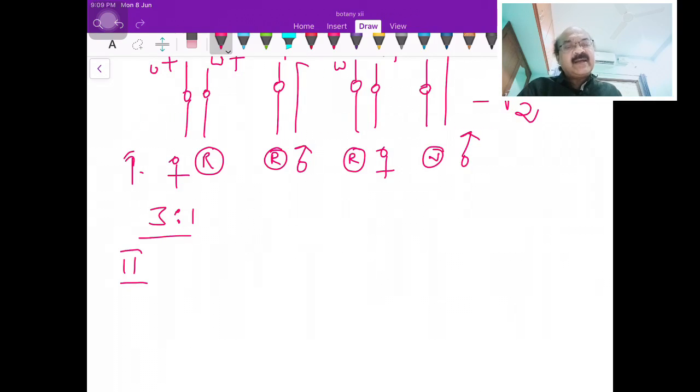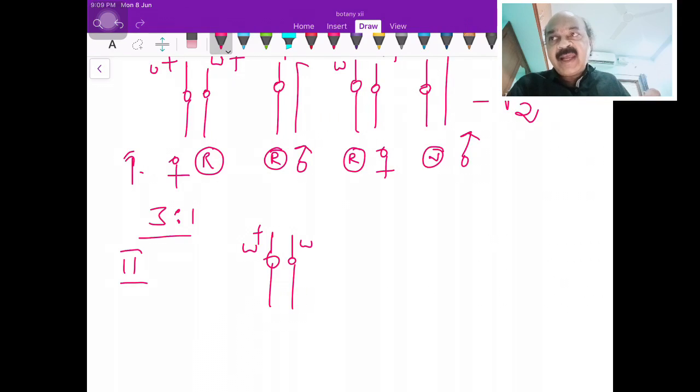In the second cross, he made a cross between a red-eyed hybrid female, W plus W, and the recessive parent. What is the recessive parent? White-eyed male.